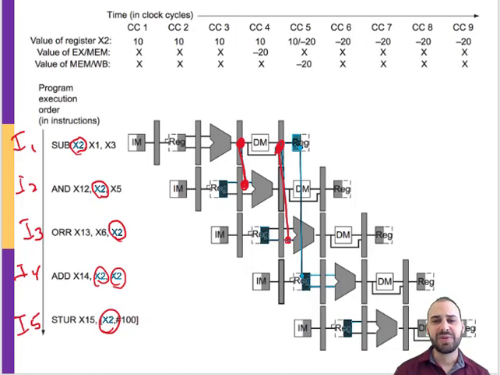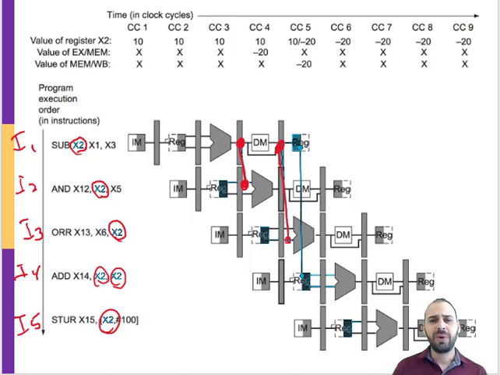However, as we've seen prior, it's the same idea: if we connect a signal from the output of stage 4 of instruction 1 and send it as the second input into the ALU for instruction 3, we can remove that data hazard.